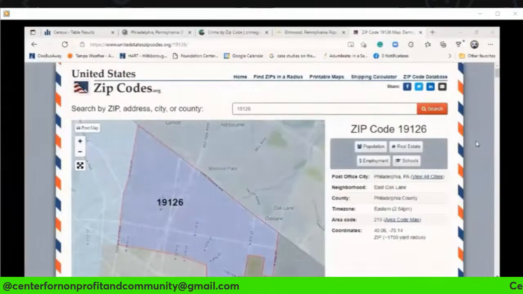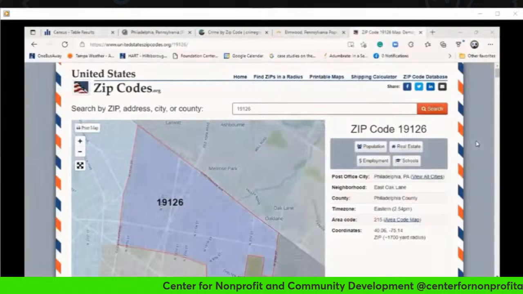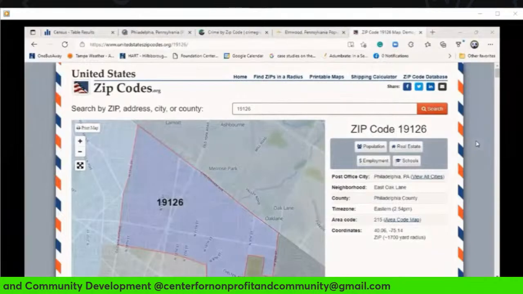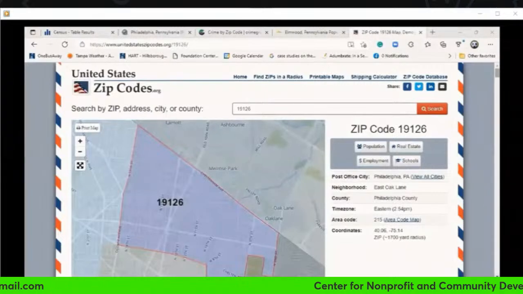Another way you can collect data for your community is this site called zip codes. Now, I put in zip code 19126. And when I did that, it's going to give me all the information related to this zip code.